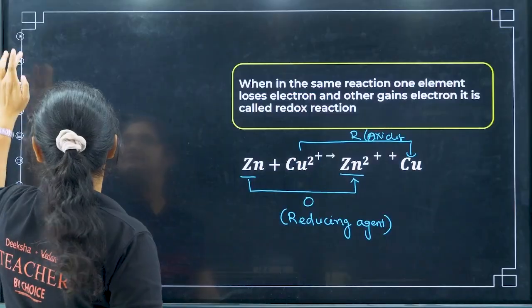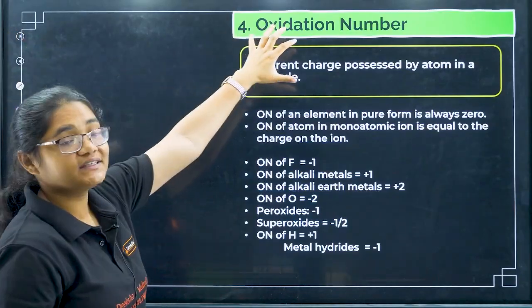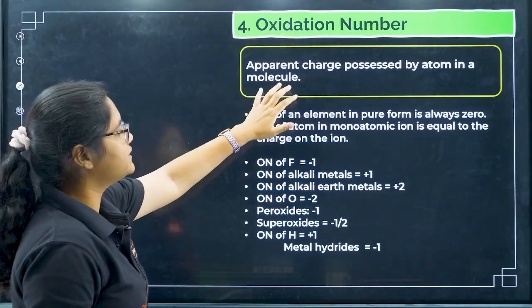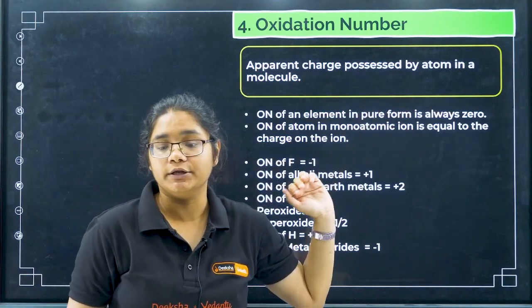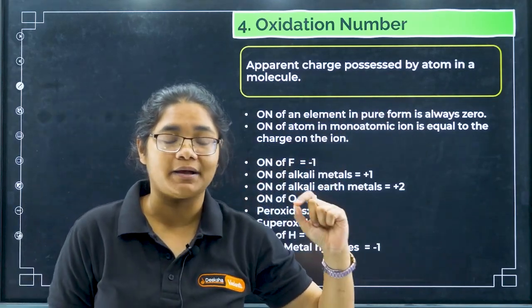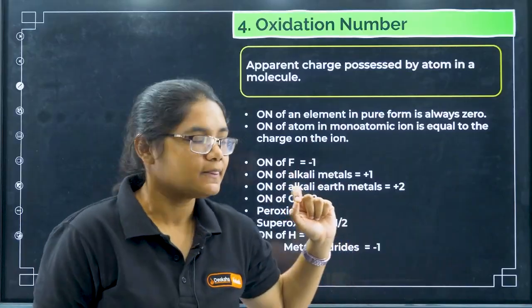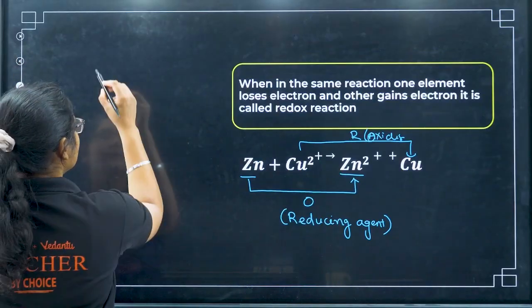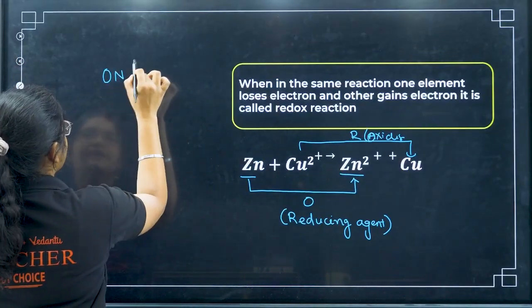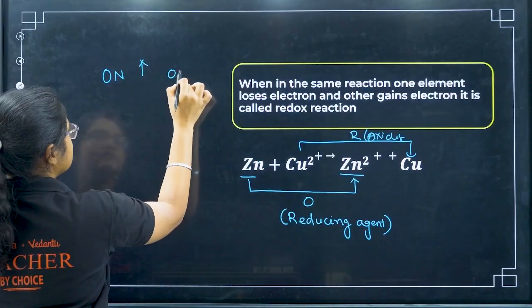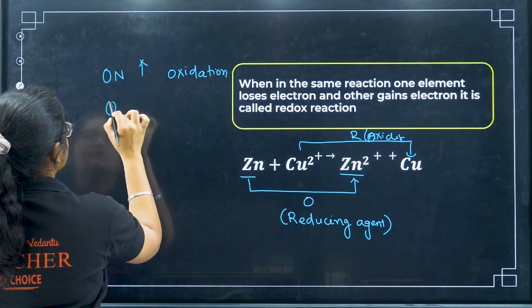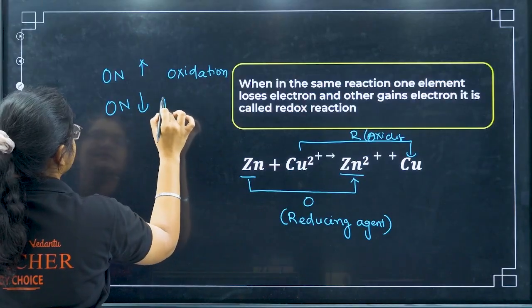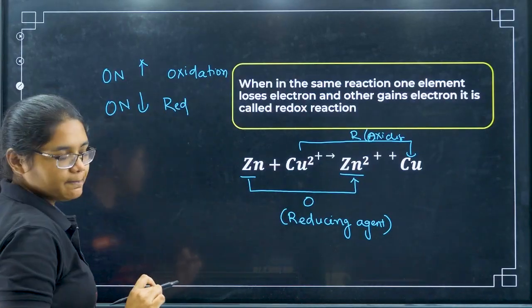Let's see something called the oxidation number. Oxidation number is the charge possessed by the atom in a molecule. If the oxidation number increases, then it is oxidation, and if the oxidation number decreases, then it is reduction.